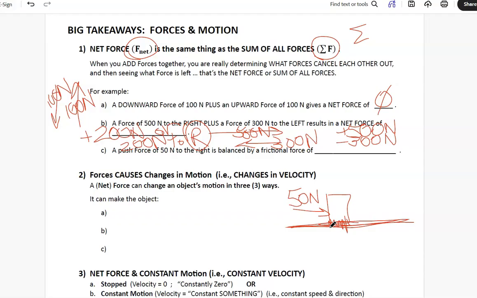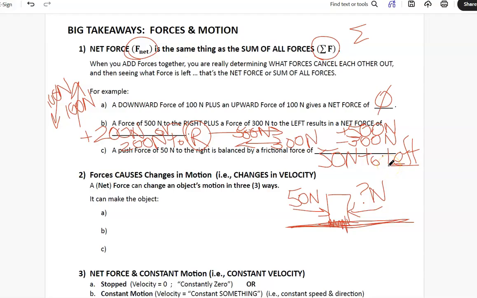There's a certain amount of friction, and we'll go over this in more detail next week or the next lesson. But if you have another force pointing in the opposite direction, and we don't know what that force is, what would it require to balance it? Well, it would require exactly the same magnitude force, but in the opposite direction. So it must be a 50 newton force to the left.